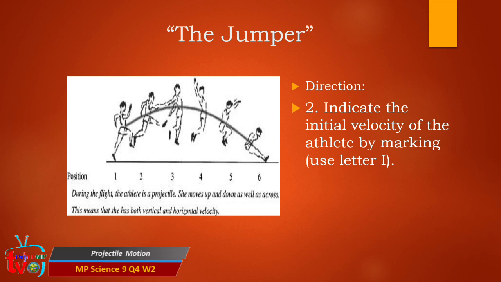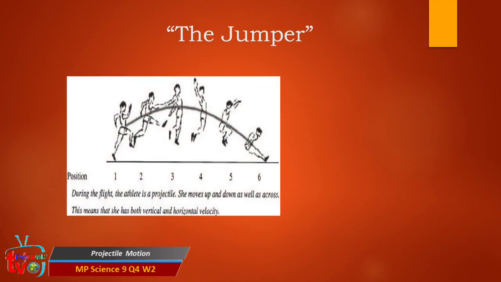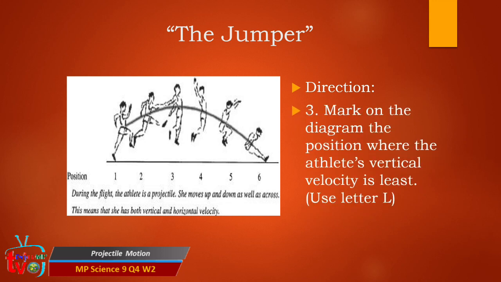Use letter I. Number 3. Mark on the diagram the position where the athlete's vertical velocity is least.